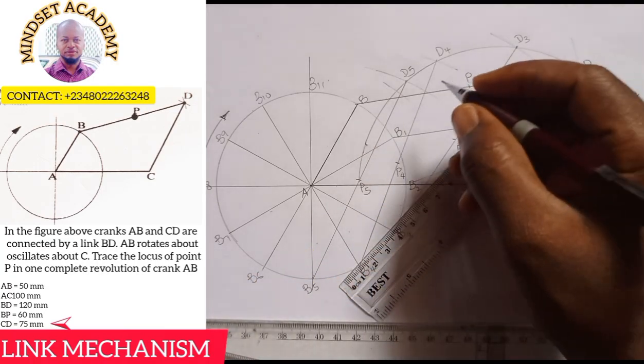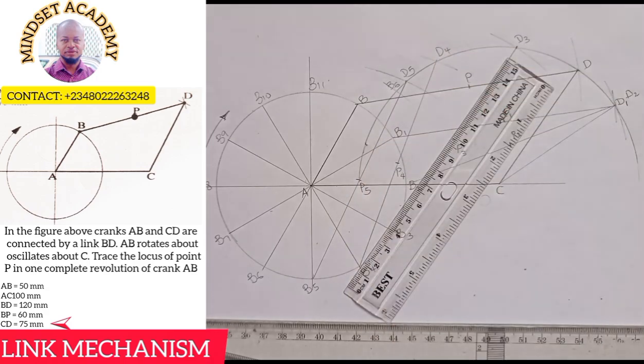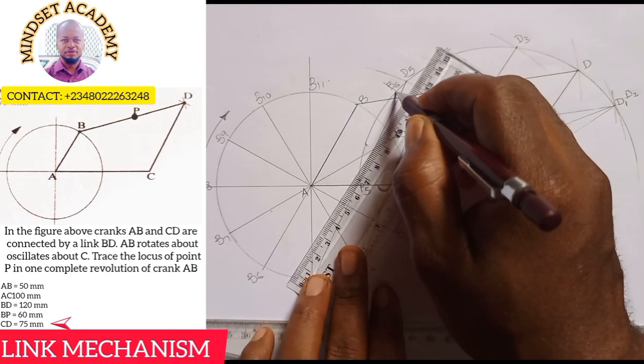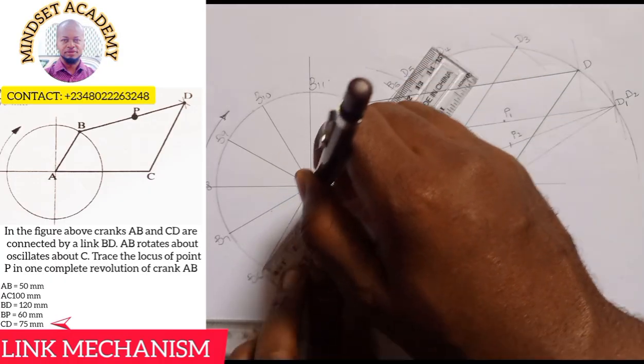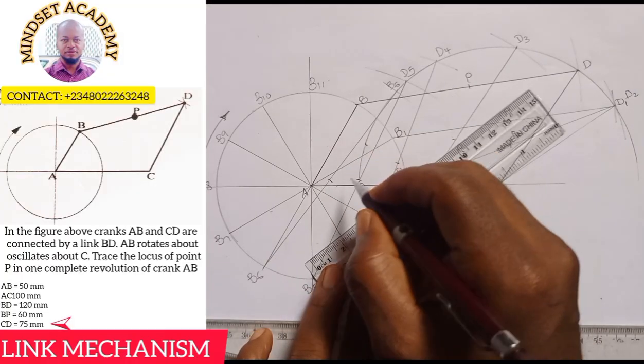That will be my D6. Can you see that? So I'll join from B6 to D6. So the middle of it is my point P6.